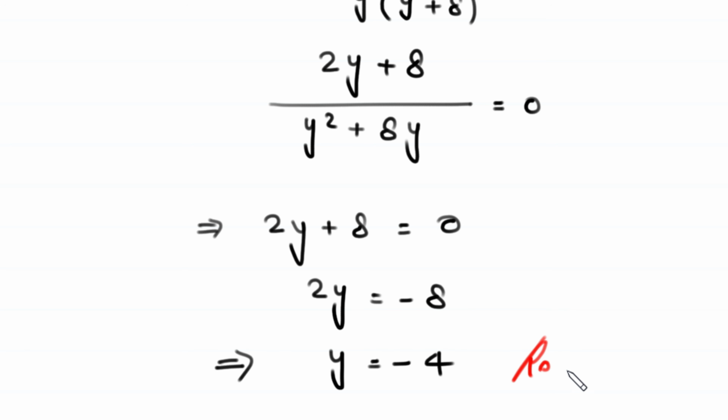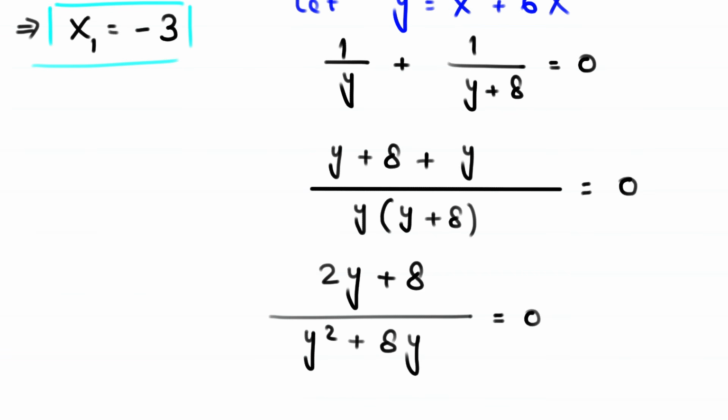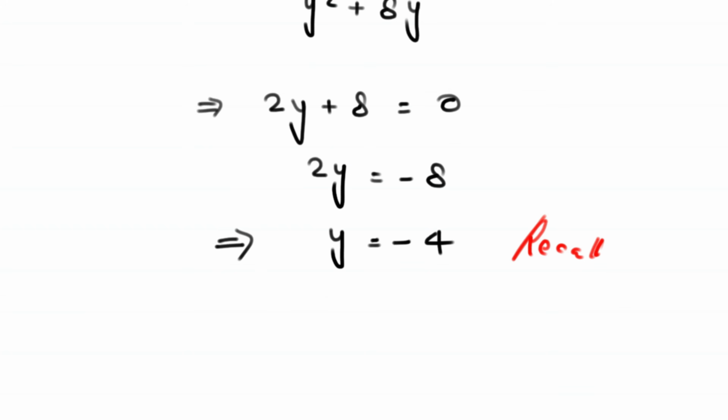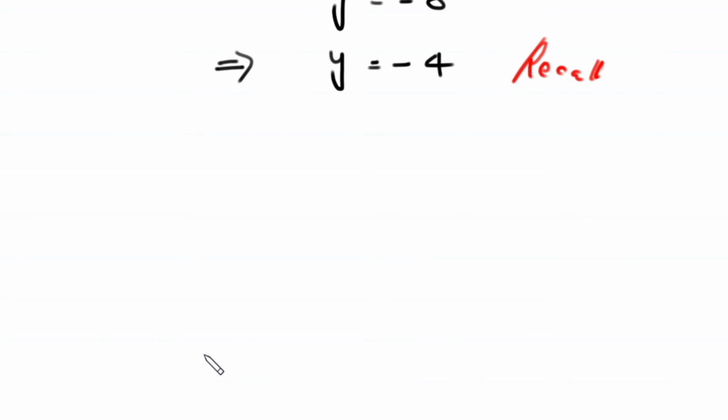Now recall that we have supposed that y is equal to x squared plus 6x. We have supposed that x squared plus 6 times x equal to y.